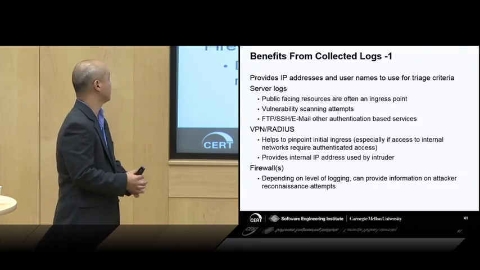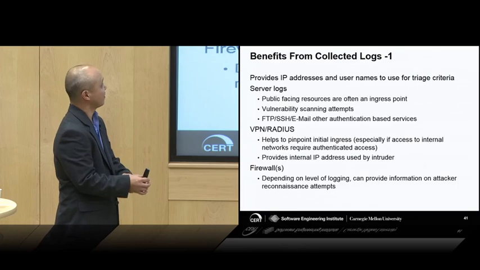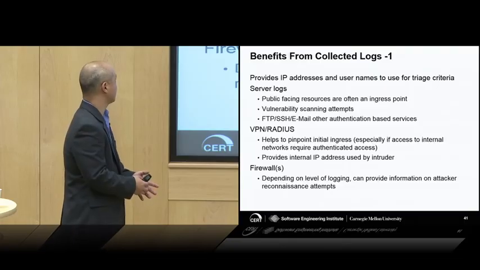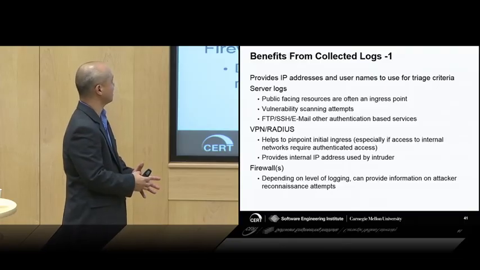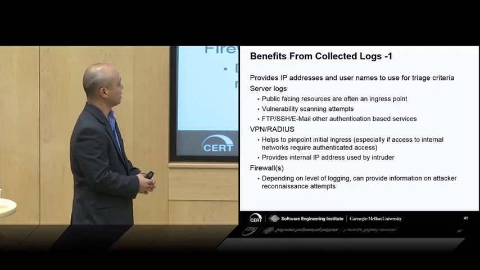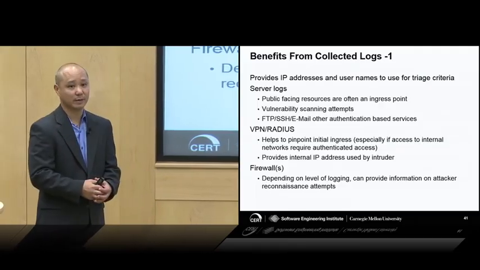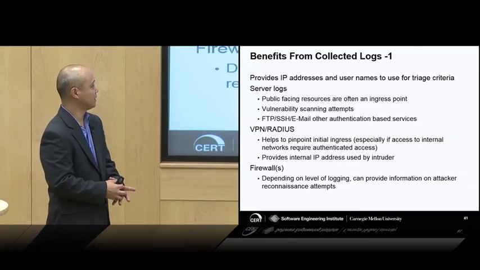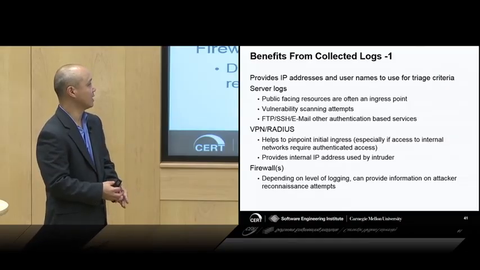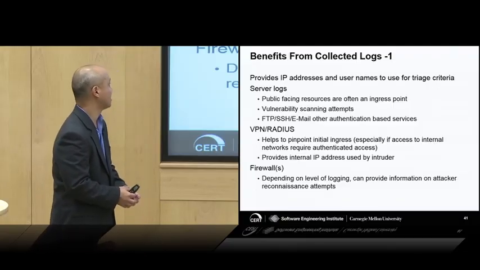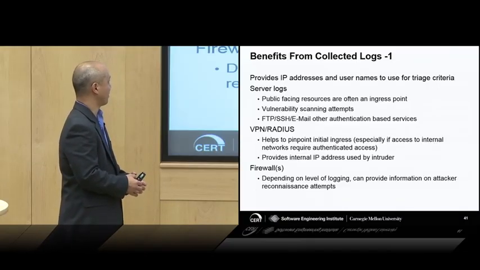Your FTP, your secure shell, your email and other authentication-based services. VPN, and again, the RADIUS information that is logged will help you pinpoint maybe the initial ingress or possibly some subsequent ones. If you know what account it works out to be, you can see all the times that account's been accessed, and it provides the internal IP address used by the intruder.